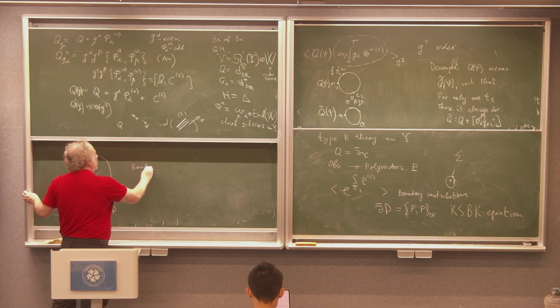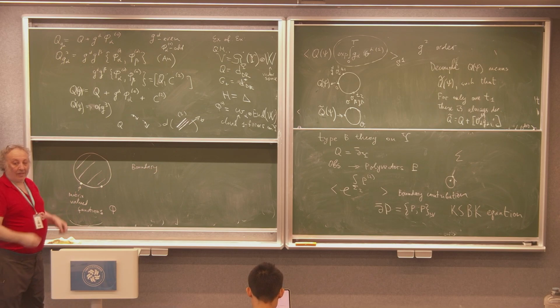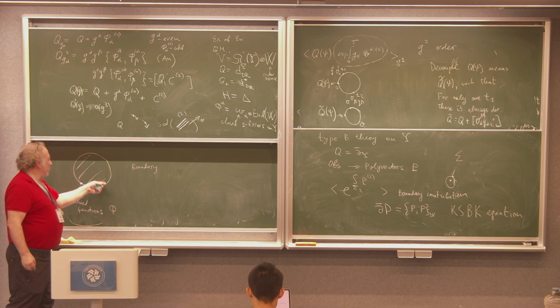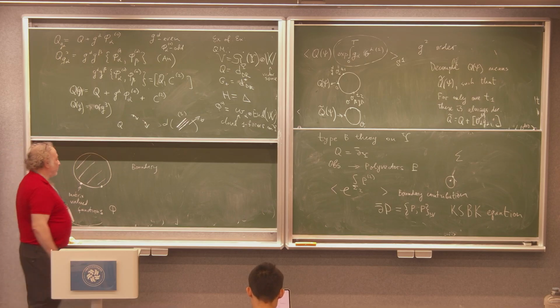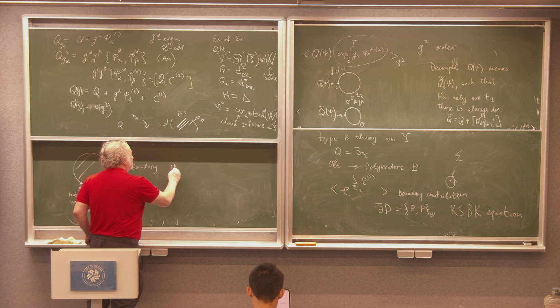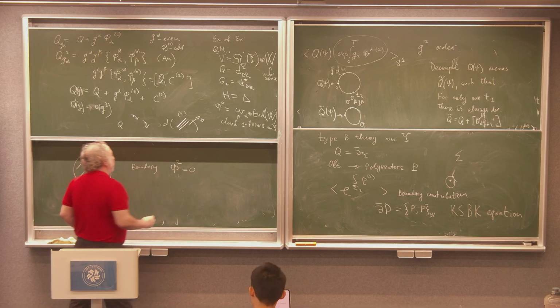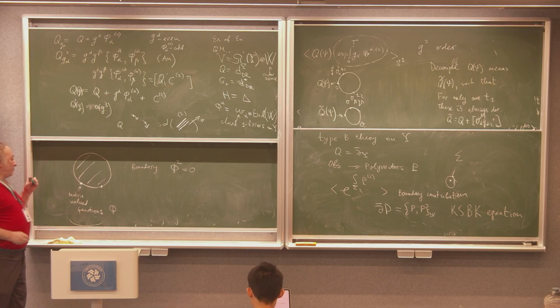Boundary happens when 2 points are colliding. But since they are ordered on the disk, you cannot go all the way around. And if I do it like this, I would naively expect that the answer is phi squared equals 0.